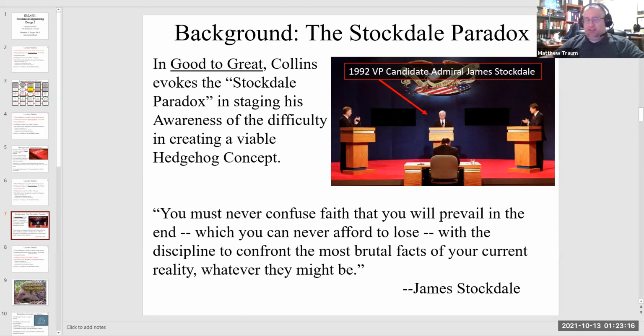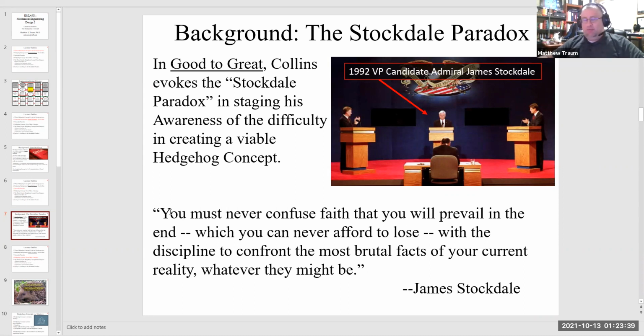So this process that we're about to walk through in this presentation is not necessarily an easy process, and Jim Collins, the author of Good to Great, recognizes that, and sets you up to be aware that this thing that you're about to do, this concept that you're about to generate, is a very difficult process to walk through. And so here's a quote right from Admiral Stockdale.